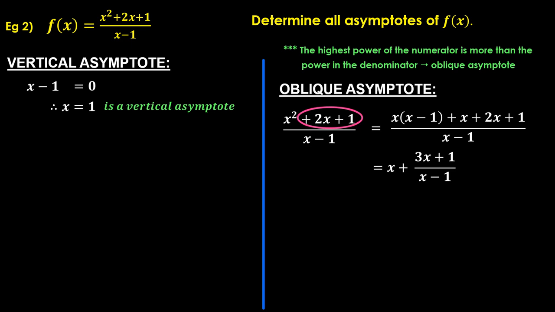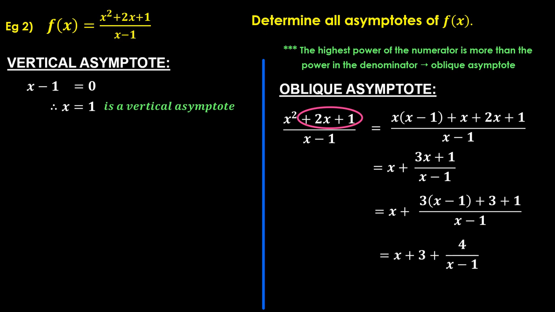We can resolve this further by taking out a common 3. But if I multiply that 3 back into the brackets, I'm going to end up with a minus 3 that I never had before, so I'm going to correct it and add the rest of my numerator. The x - 1 in that numerator can cancel with its x - 1, but I'm still left with 4 over x - 1.